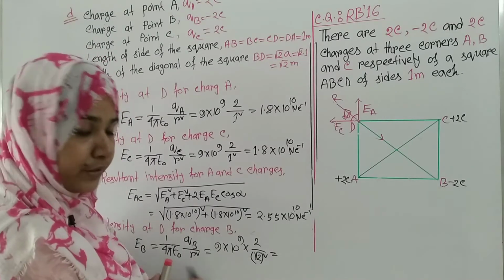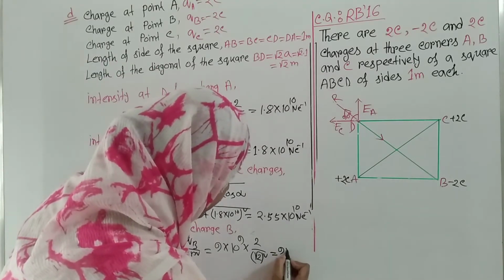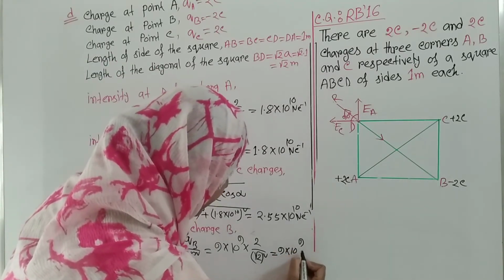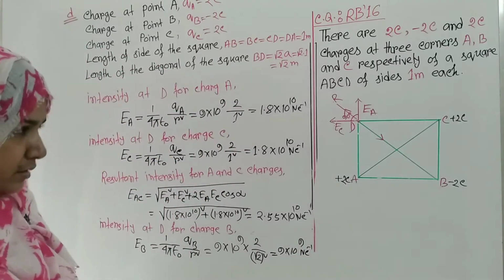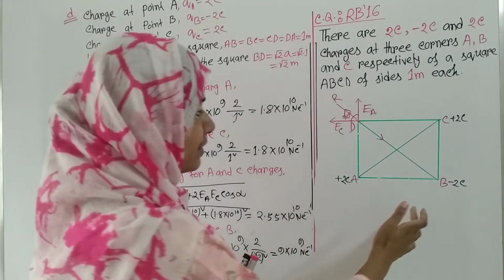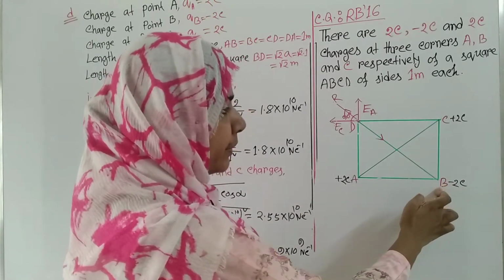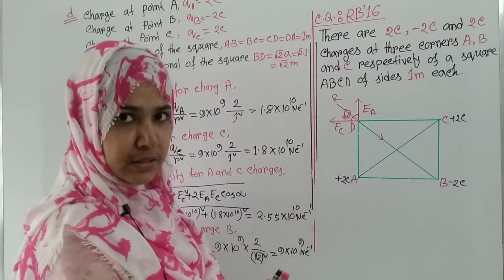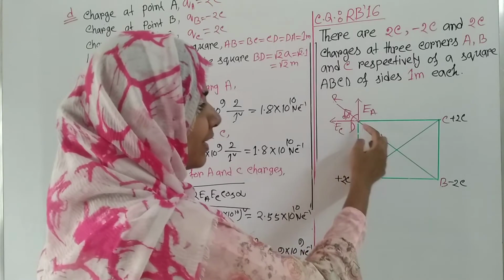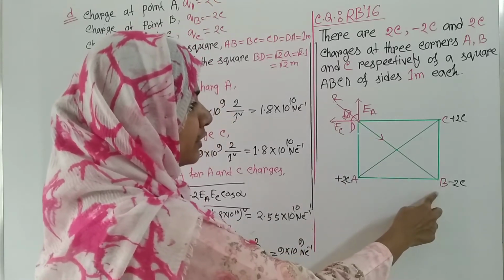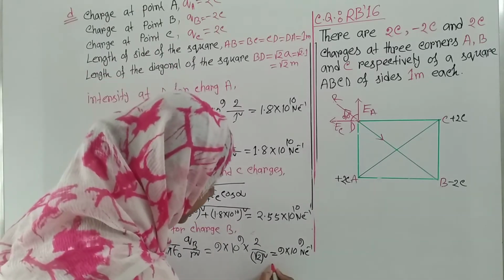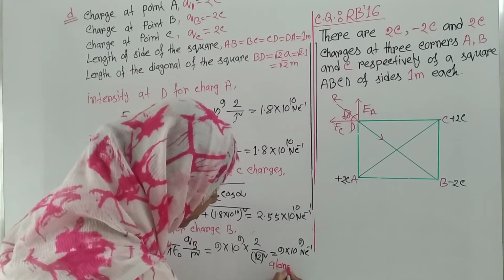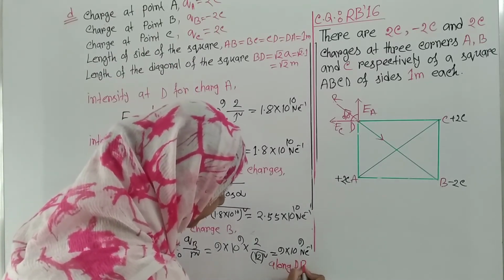So the value of EB is 9 into 10 to the power 9 Newton per Coulomb. And the direction: here you can see that at point B minus 2 Coulomb charge is present and the negative charge will attract this positive charge. So the direction will be along DB.